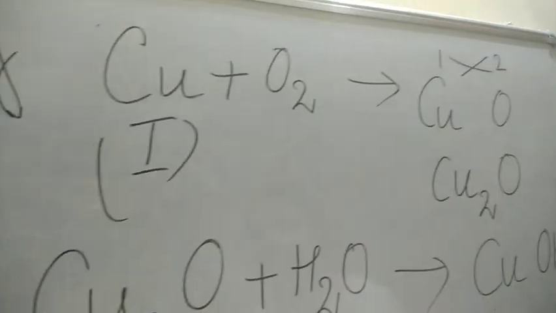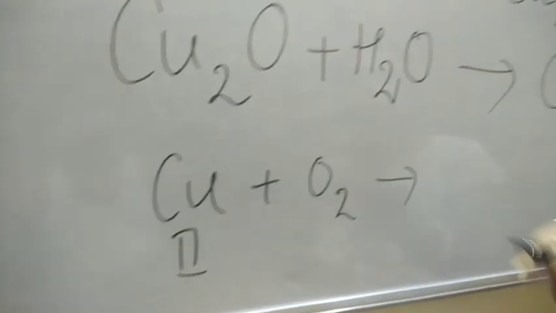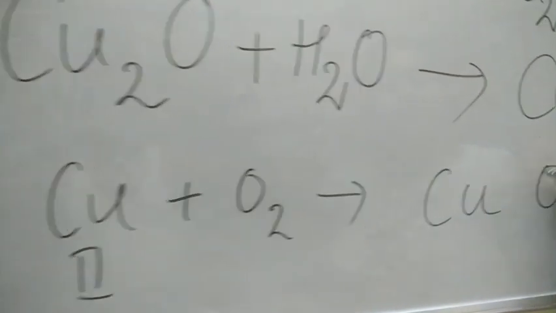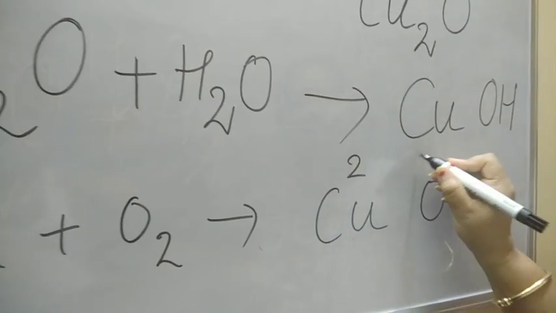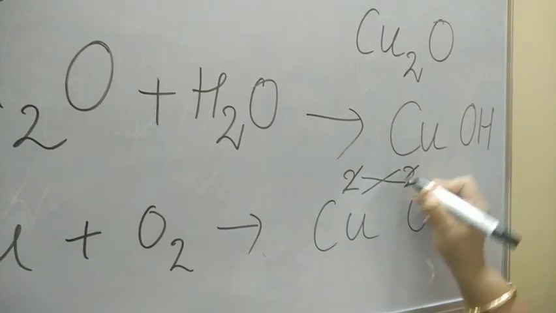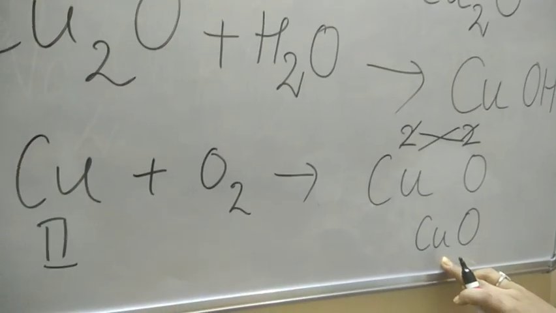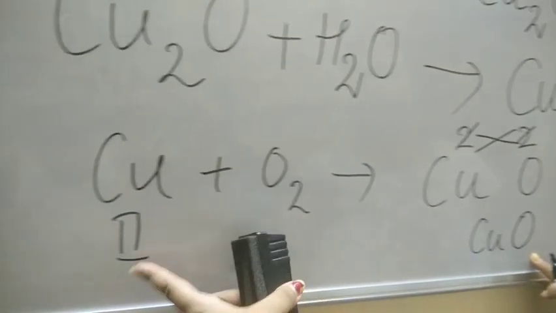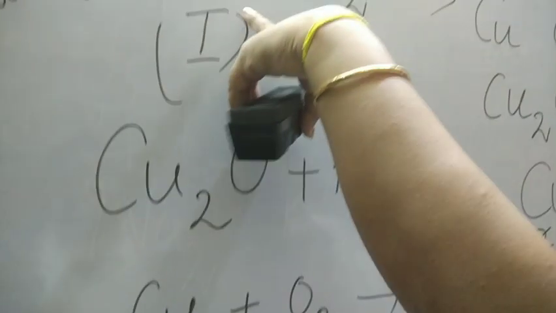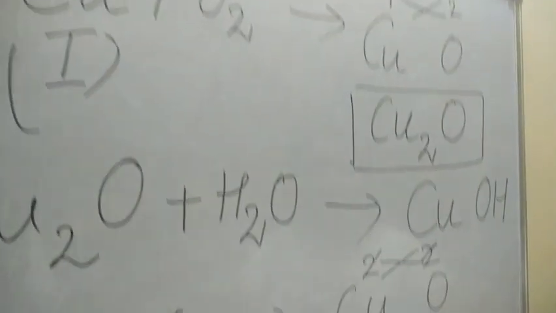If you take copper 2 plus O2, it will give you CuO. If its valency is 2, put a cross multiply, 2 cancel, CuO. It's CuO for valency 2 and for valency 1, it is Cu2O.